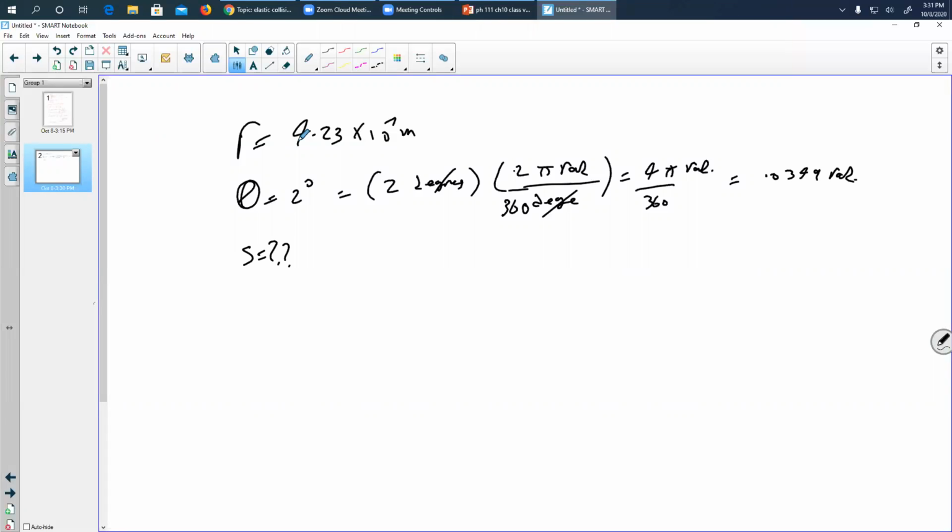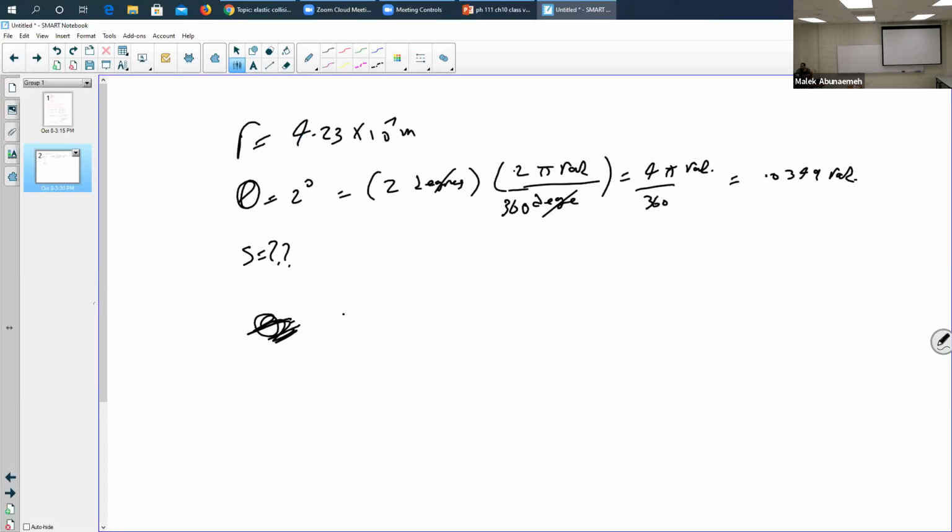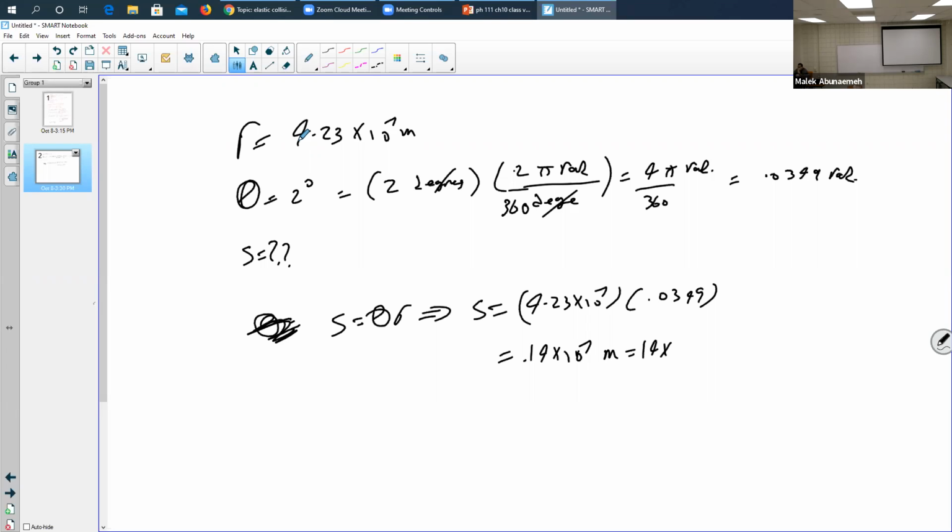That means S equals theta R. So your S that we're looking for, your arc length, is 4.23 times 10 to the 7th multiplied by your 0.0349, and we should get 0.14 times 10 to the 7th meters, which is 1.4 times 10 to the 6 meters. Is that what you all got?